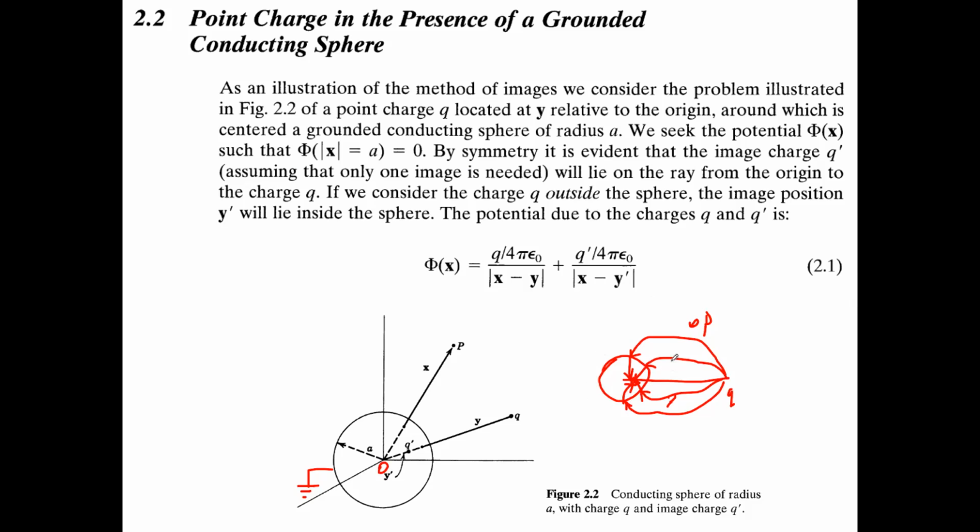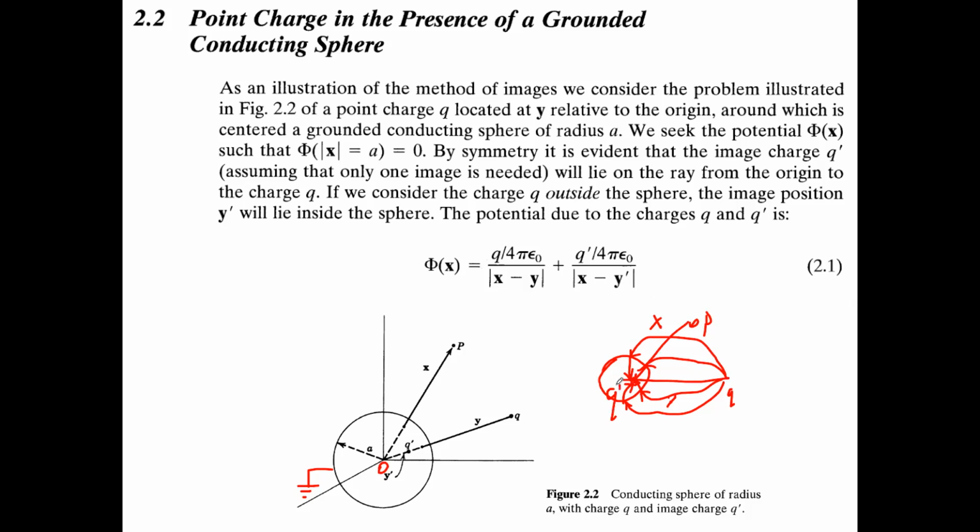So first of all, let's say this is x. X is a vector, so x means the position of a point. If we want to calculate phi, the potential at position vector x, then we can use Coulomb's equation. The potential is generated by Q and another charge, Q prime.